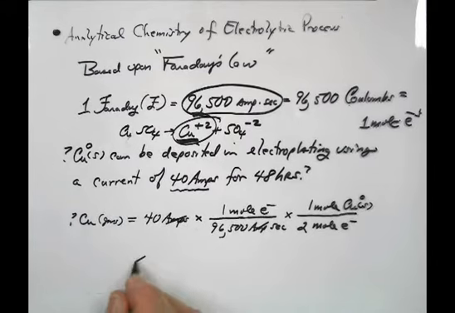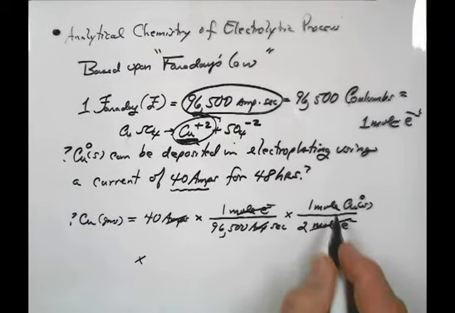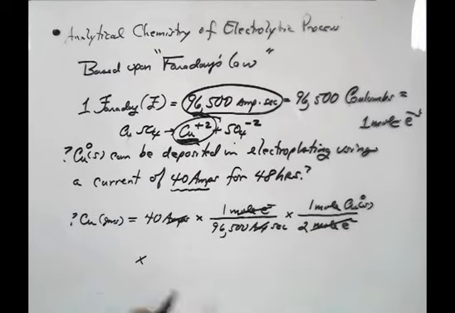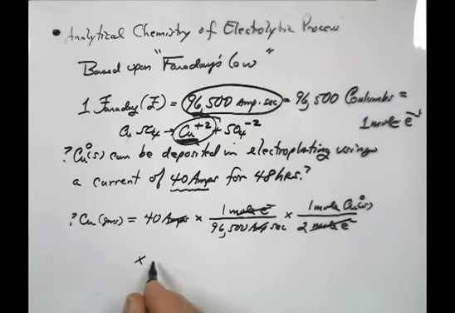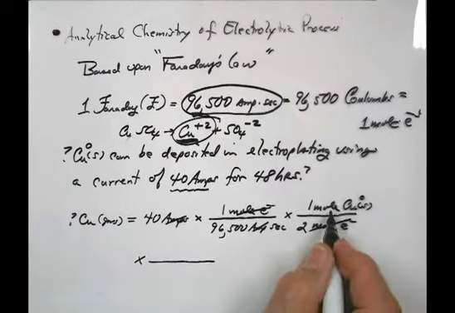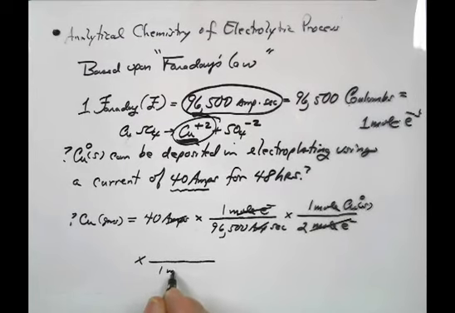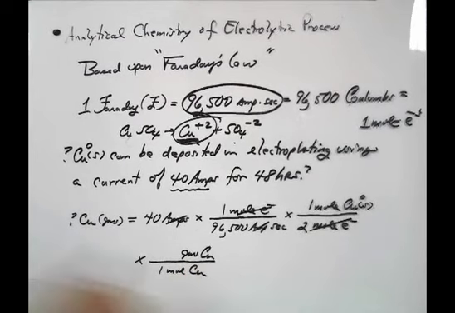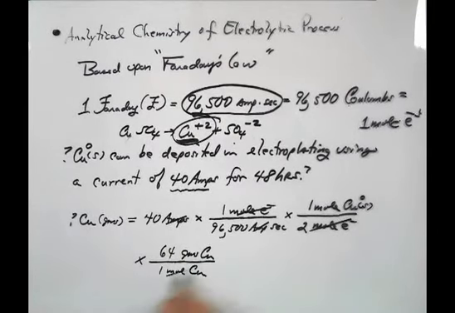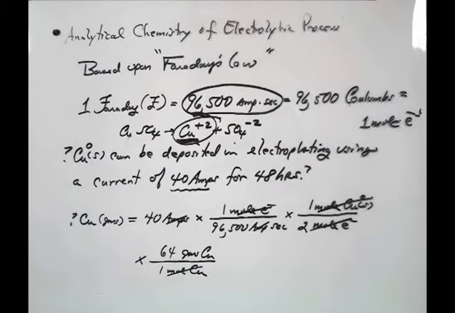Okay, I've gotten rid of moles of electrons. Now I've got moles of copper per second. So I need to convert that to grams. So I need 1 mole of copper, grams of copper, 64. So I have 64 grams of copper per mole. Now my moles are gone, so I cancel that out. So I've got grams per second.